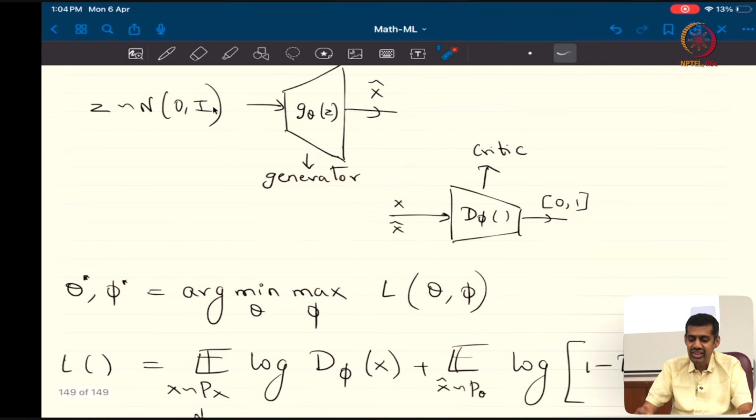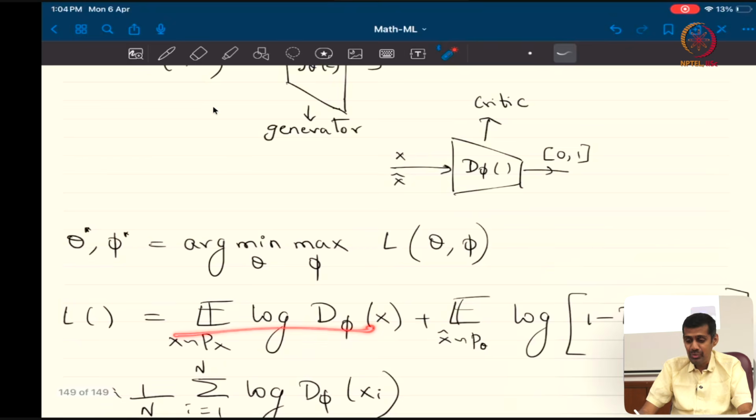They write this loss function saying that this would maximize the probability that x comes from true data and x cap does not, and then you write a minimization because the generator wants to undo what the discriminator is doing. If the discriminator is maximizing a loss function, then the generator has to minimize that loss function, and that is why you have a min max problem here, is how people present it.